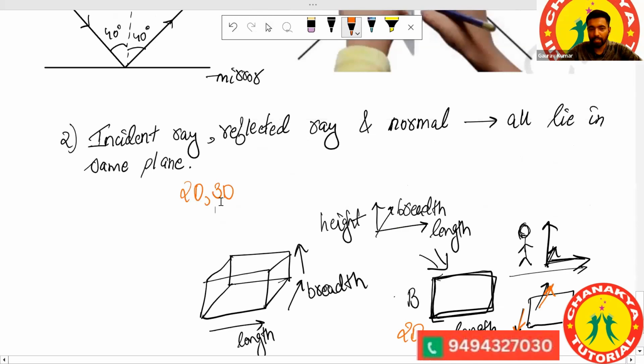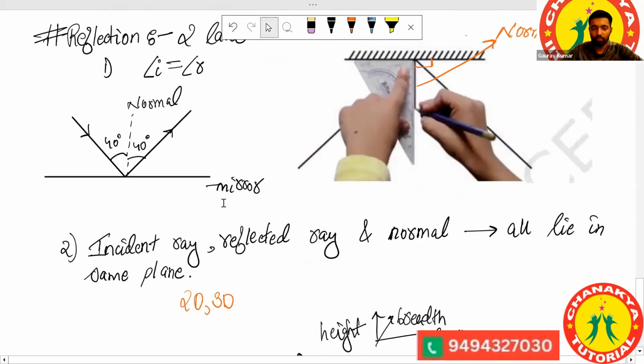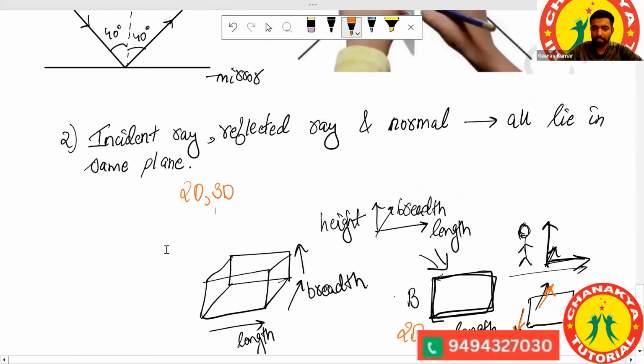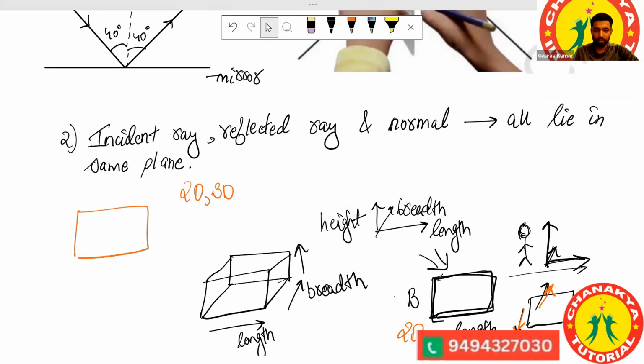We were talking about the incident ray, reflected ray, and normal all being in the same plane. If you take a piece of paper, the incident ray, the reflected ray, and the normal will all lie on the paper.